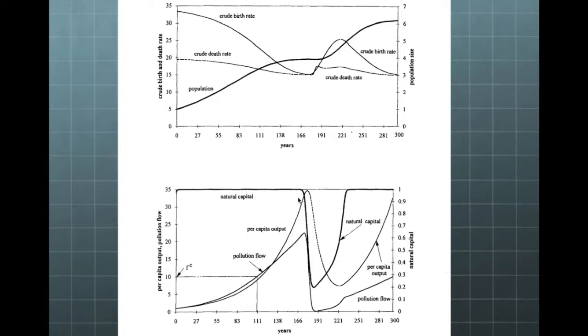Natural capital drops, yes, but then it starts recovering. And per capita output also drops, but then it starts recovering. So this is similar to the HANDY model, in which we saw these cycles of production and drop in production.